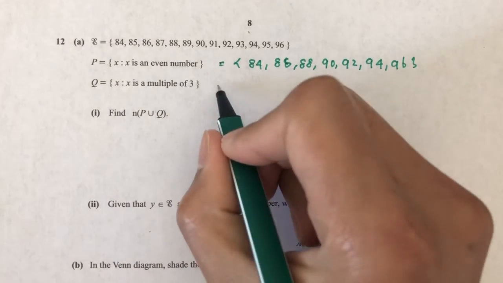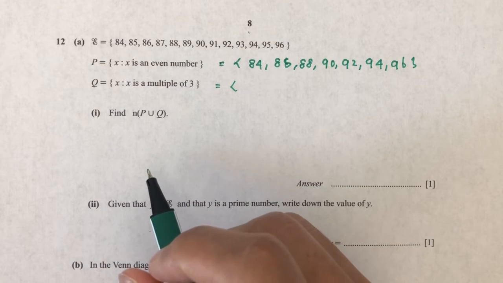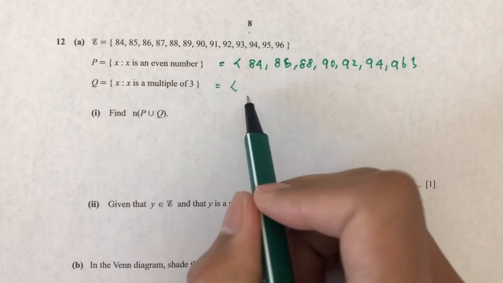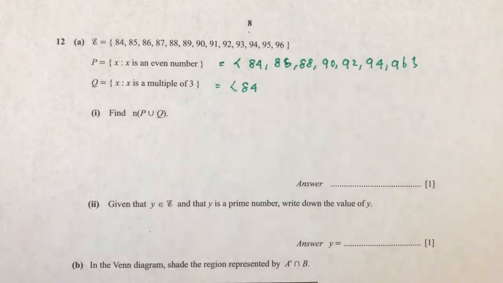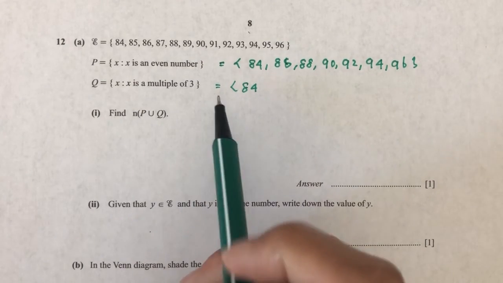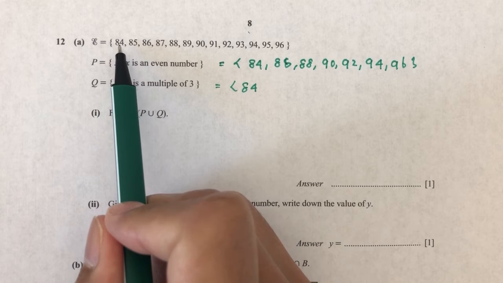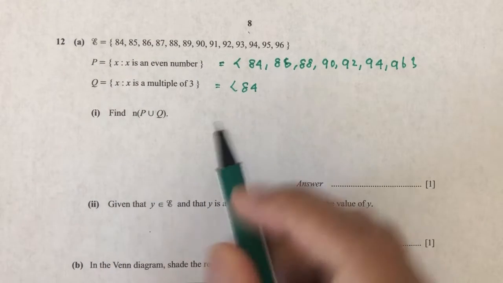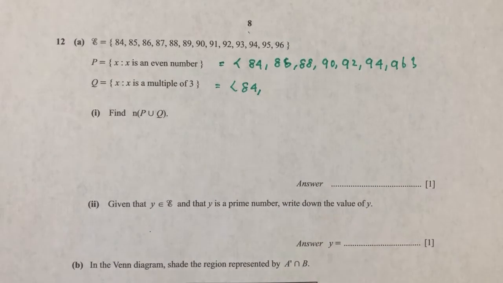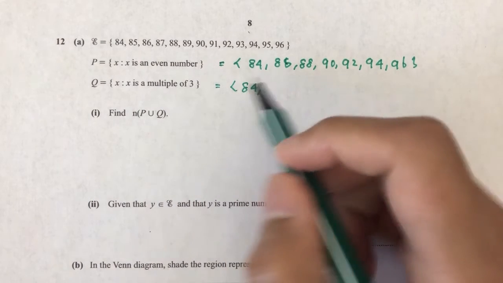And then the set Q will be a multiple of 3. So we will have to find a multiple of 3. So 84, yes, it is a multiple of 3. So how do I find this? I can just use a trick. I can add 8 plus 4 is 12. So we ask ourselves, is 12 divisible by 3? Yes, so it will be a multiple of 3. And now for 85, no, so that will not be a multiple of 3.